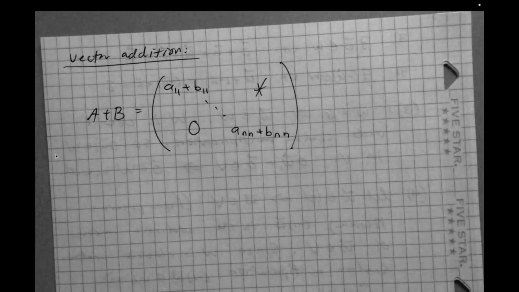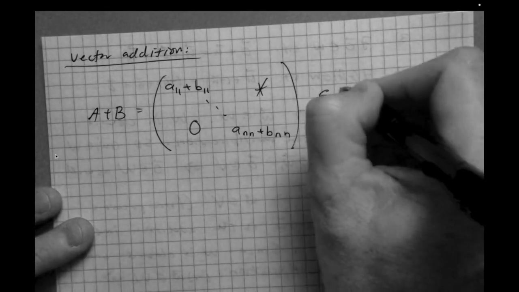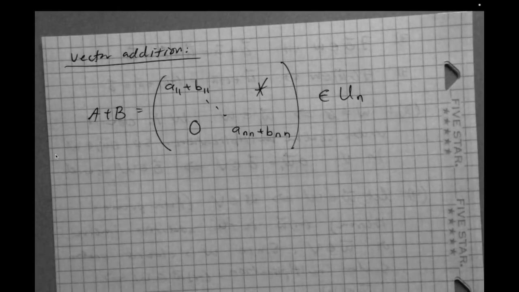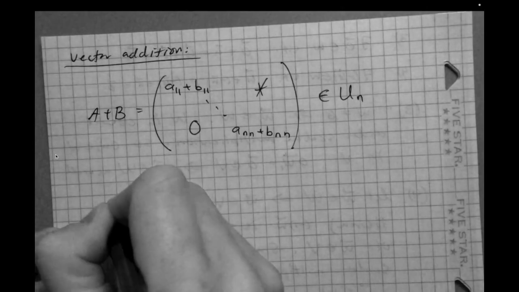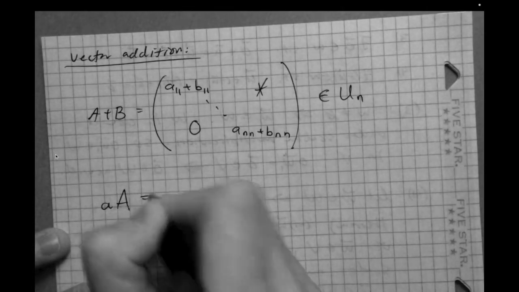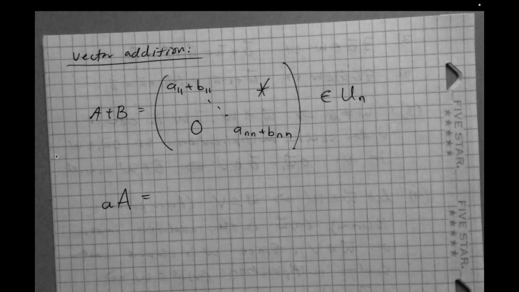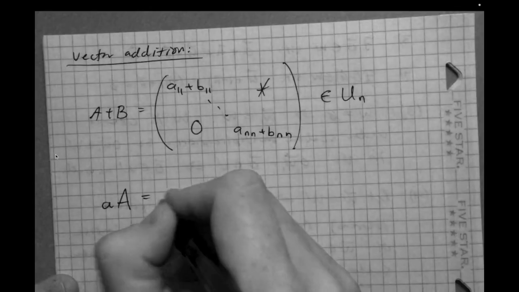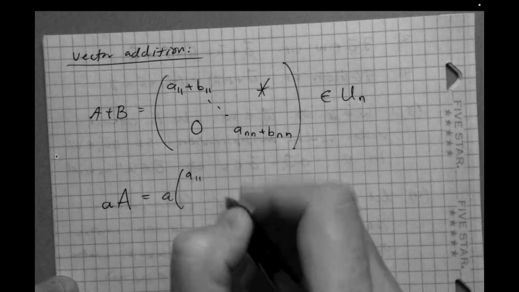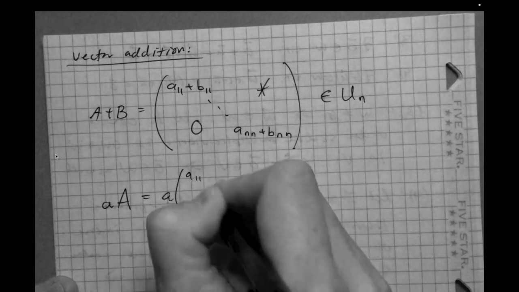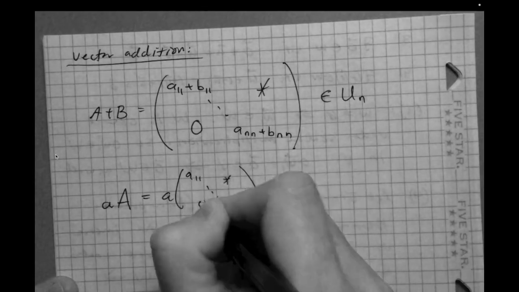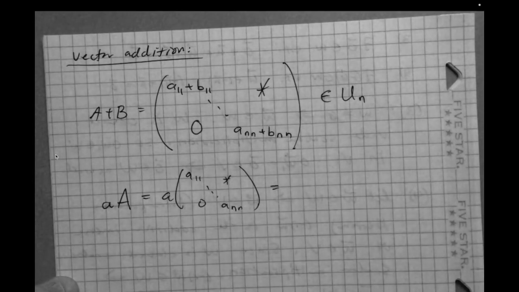Okay, so that's straightforward, right? So U of n appears to be closed under addition. And then what happens if I use scalar multiplication here? All right, if I take the scalar a times the matrix A, right? So that's a times a11, a and n, 0, star. Yep.